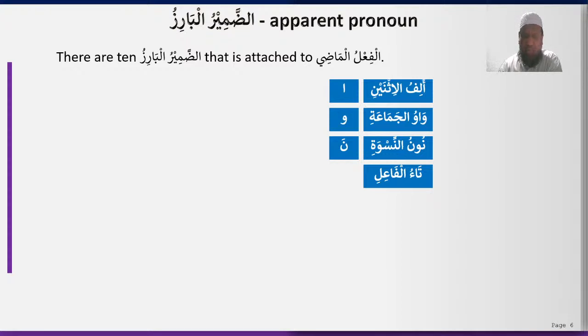So all of the مخاطب صيغ, the ضمير will be the تاء الفاعل: تَ, تِ, تُ, تُما, تُم, and تُنَّ.